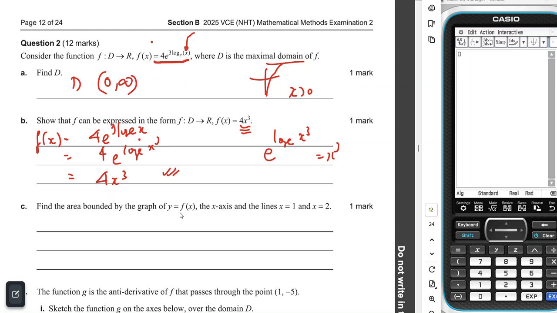Find the area bound by f of x. Well, f of x is the same as this, so it's going to look like a cubic, and we're going between 1 and 2.